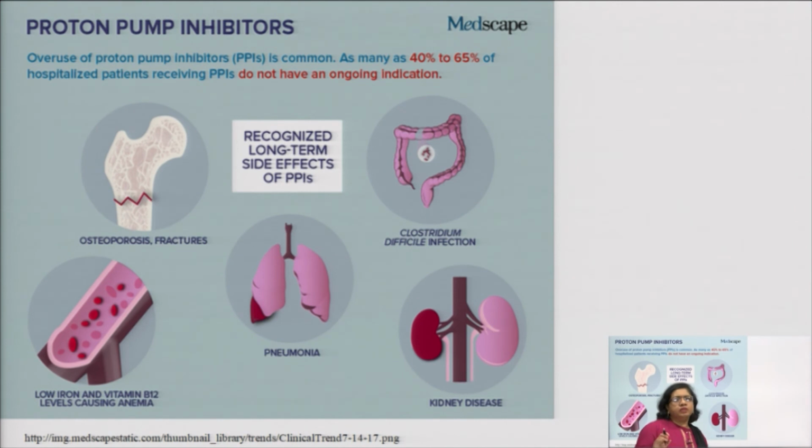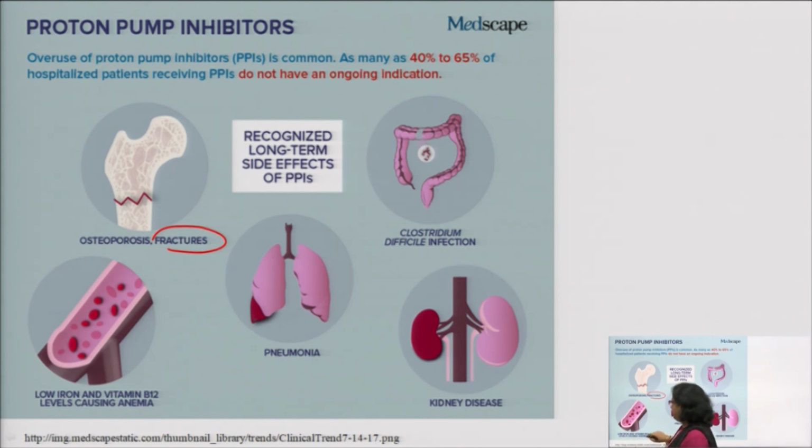What are the side effects when you are taking proton pump inhibitors? Side effects are osteoporosis, lack of calcium in the bones, which leads to fracture in bone.